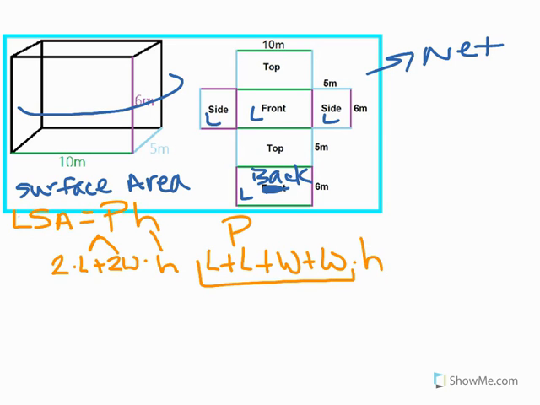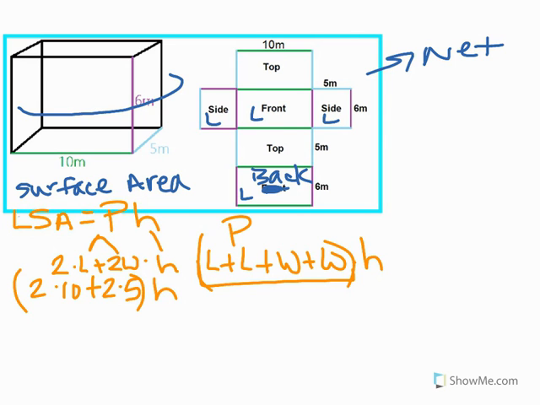I have to do this part first. This is like being in parentheses, and then multiplying it times the height. So I'm going to use this formula here, and let's just substitute known information in for the variables. So I have 2 times the length plus 2 times the width. I'm going to put that in parentheses because it has to be done first. Then multiply it times the height.